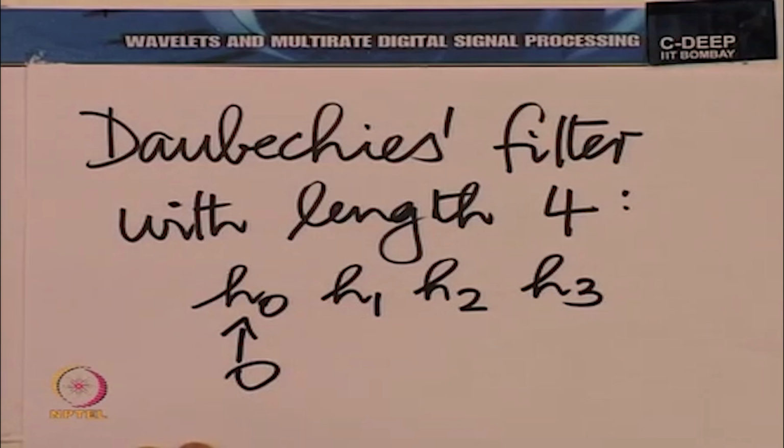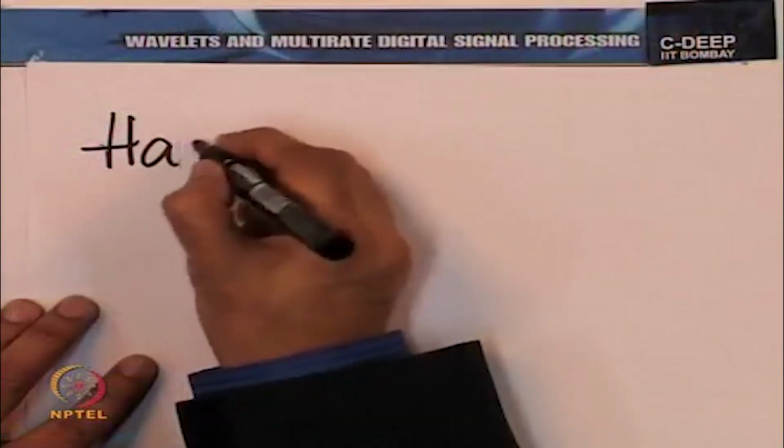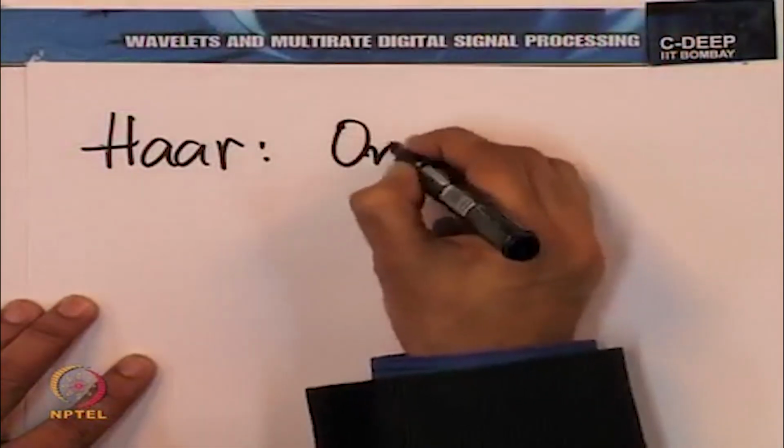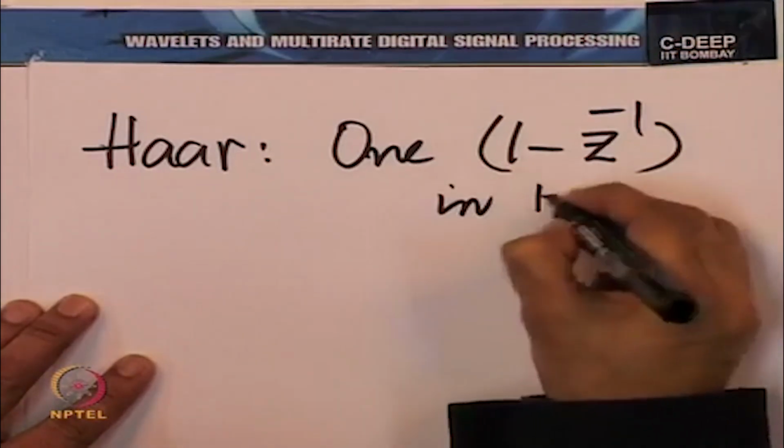And recall what we did yesterday. We said that in this filter, we would need to bring in one more factor of the form 1 minus z inverse in the high pass filter. So, Haar had 1 minus z inverse in the HPF.